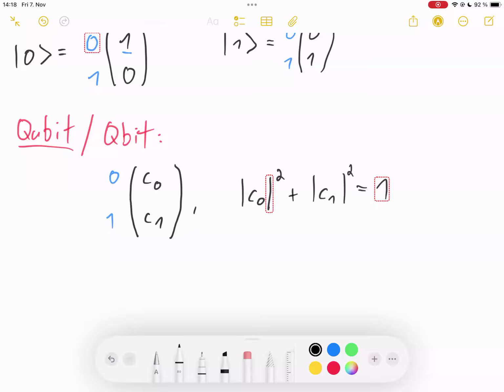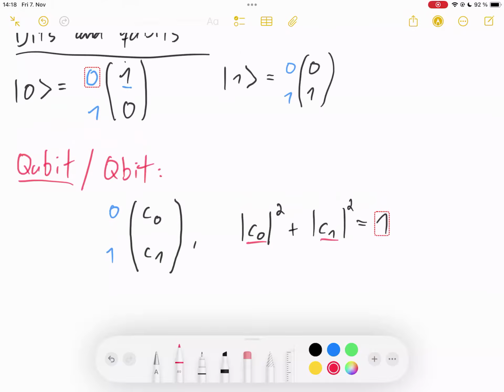And last week we looked at what C0 and C1 modulus squared mean. As you remember, we said that after measuring the qubit, or after measuring a complex state, this time it's just a qubit, the C0 modulus squared would be the probability that the qubit will be found in state 0 ket.